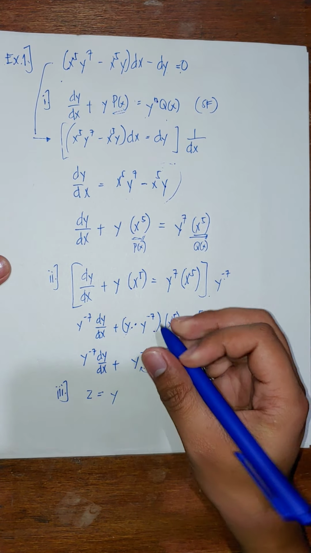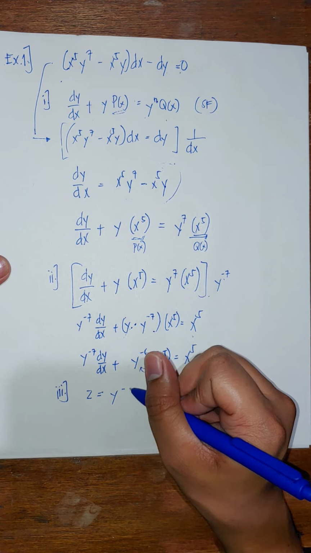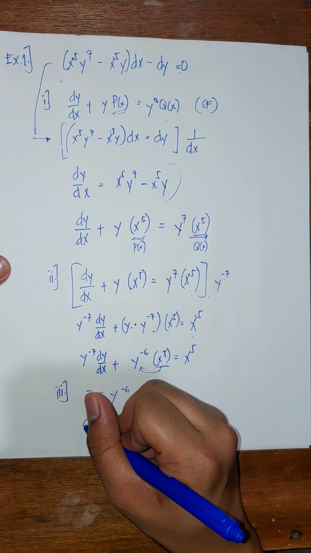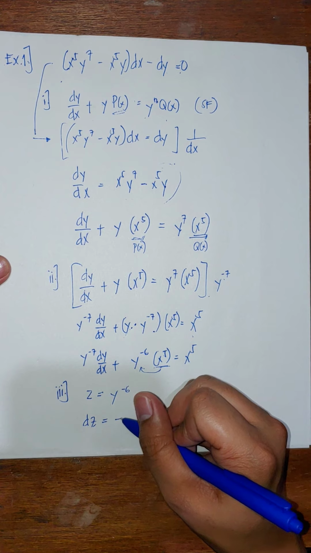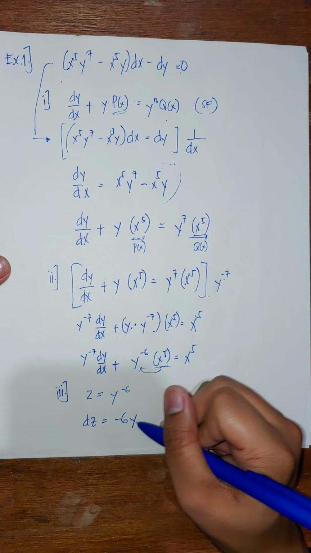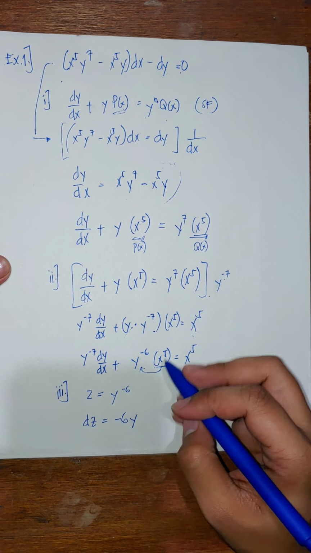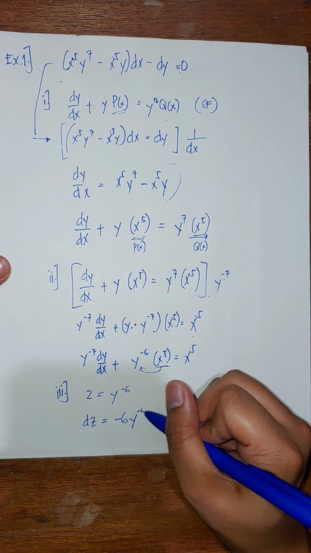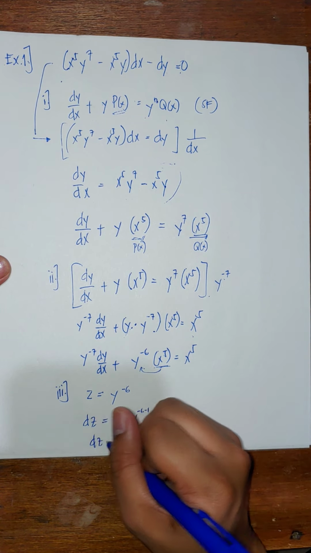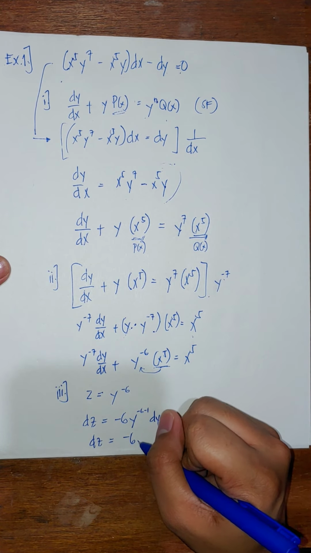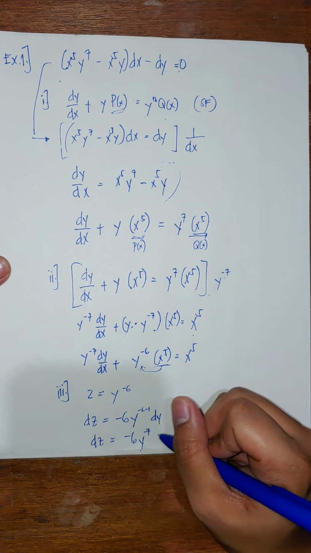Therefore, we write here that z is equal to y to the negative 6. And then the derivative of z is equal to negative 6 y to the, by power rule, negative 6 minus 1, which is negative 7, dy. Then our dz becomes negative 6 y to the negative 7 dy.